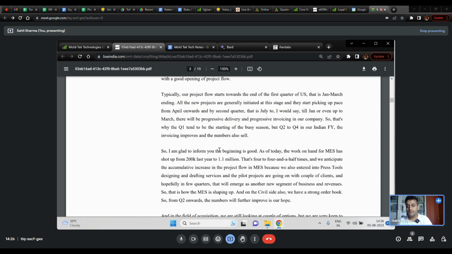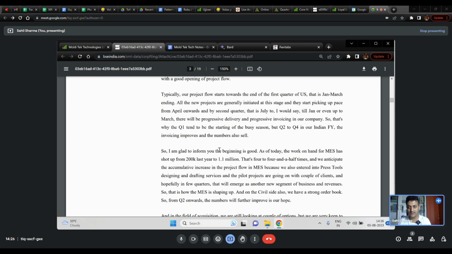So what you'll see in the first paragraph is that he's talking about the details of the business. The fact that in the first quarter, typically the order flow process will start, and that is when they are initiating the orders, and then it will pick pace from April onwards, and around July it will pick pace, and then that is where they will start the incremental progressive invoicing and delivery.